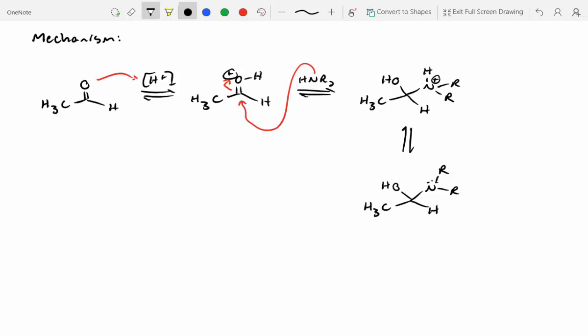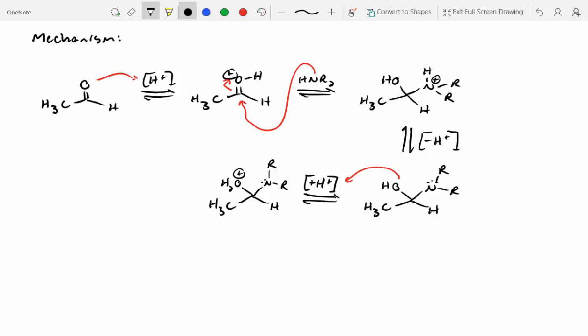And then we've got this OH group over here, so I'll do minus H plus. And then in the next step, we're just going to protonate our alcohol. So I'll do plus H plus. And this alcohol will grab this proton. And there we go. Looks super similar.